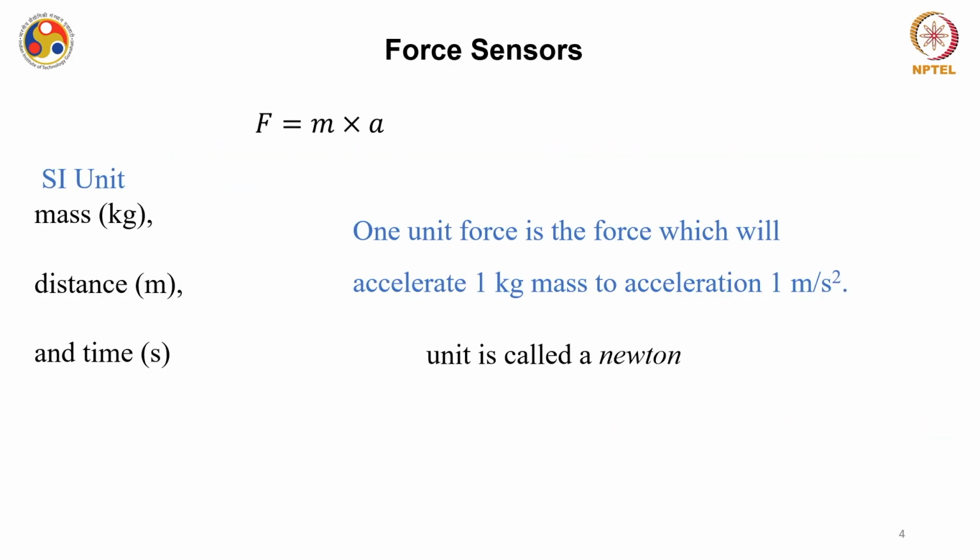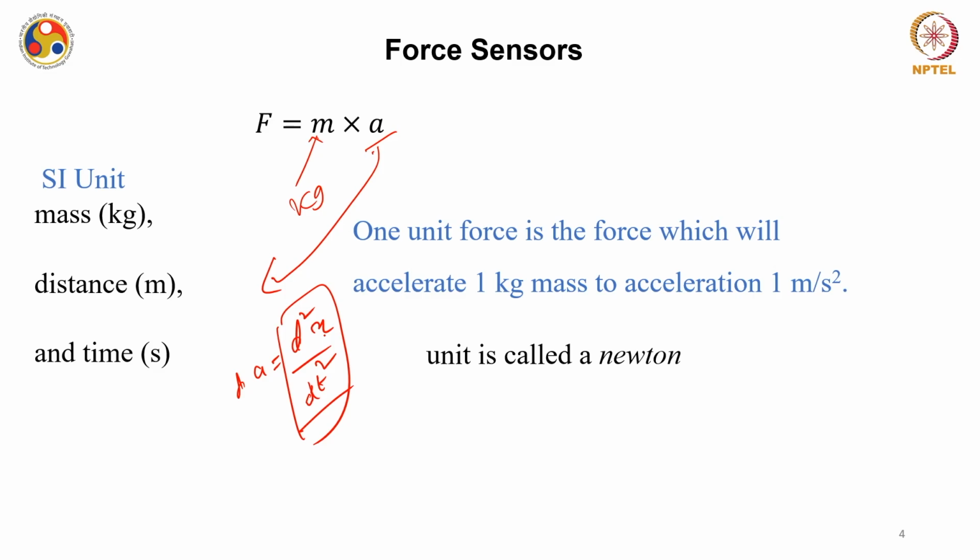If you see this equation carefully, F equal to m into a, in this equation the SI unit for mass is kg, and acceleration can be written in terms of position as del square x by del t square, right, the double differentiation of the position vector.